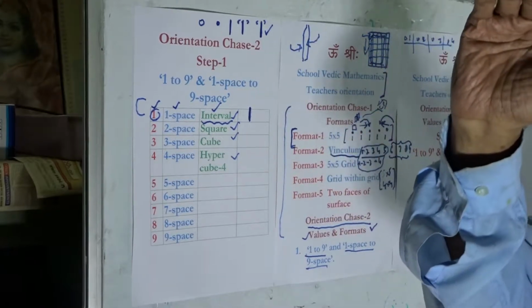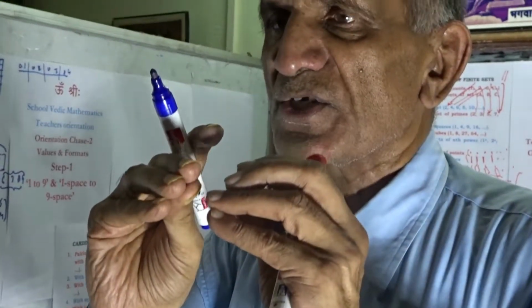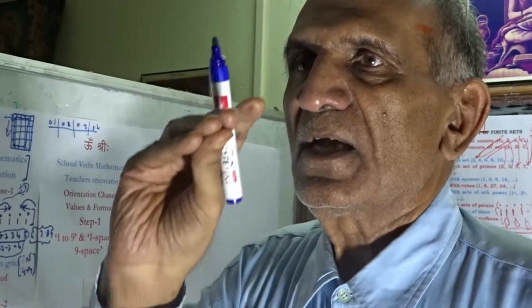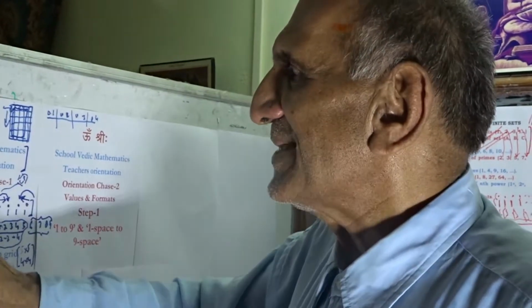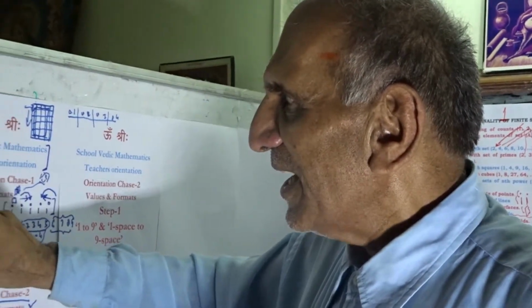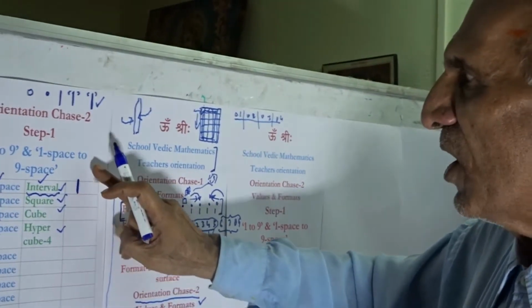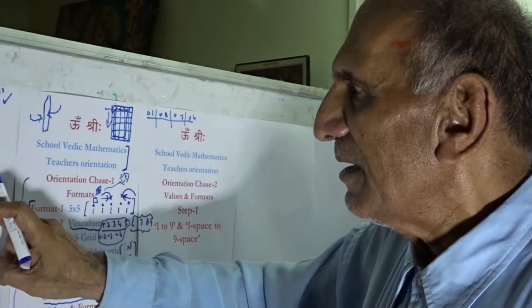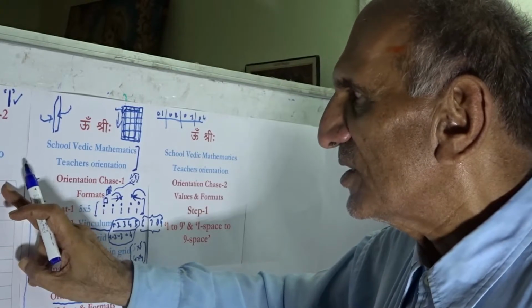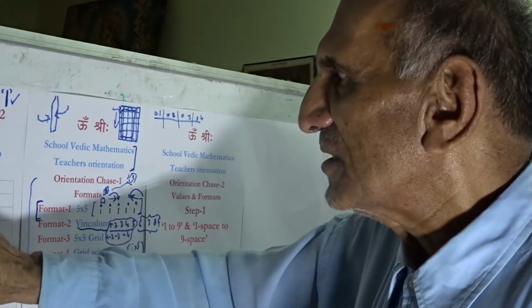So the young mind starts associating count 1 with this symbol, and it is also the symbol of a line. It is given the name interval, and it is associated as a body of one space.